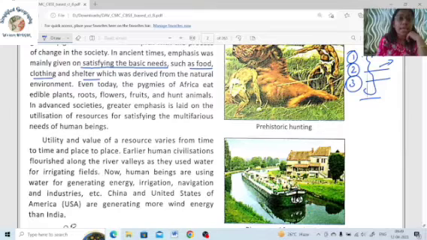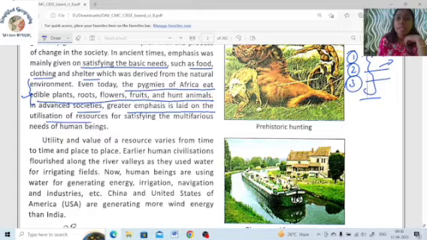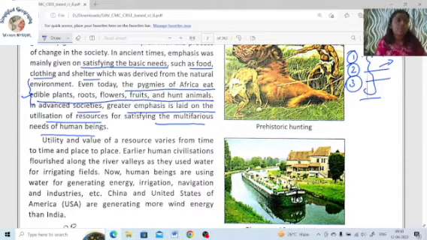Even today, the pygmies of Africa eat edible plants, roots, flowers, fruits, hunt animals, and they are actually living like early man. But in advanced societies, greater emphasis is laid on the utilization of resources. Whatever resources are available in nature, we are utilizing them and satisfying the multifarious needs of human beings.